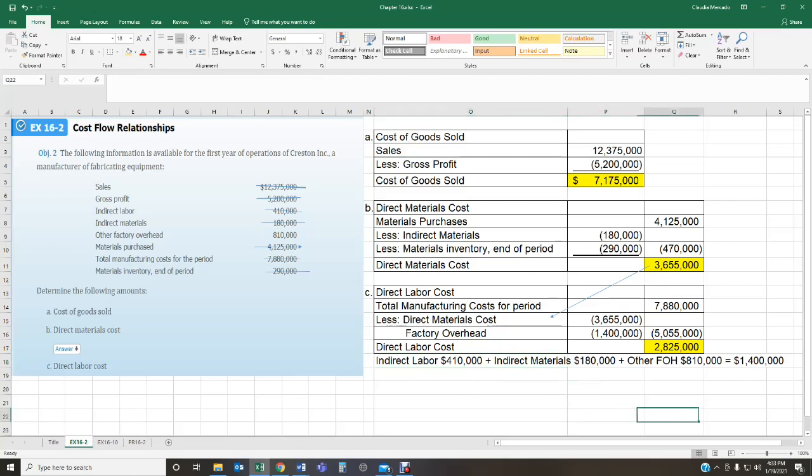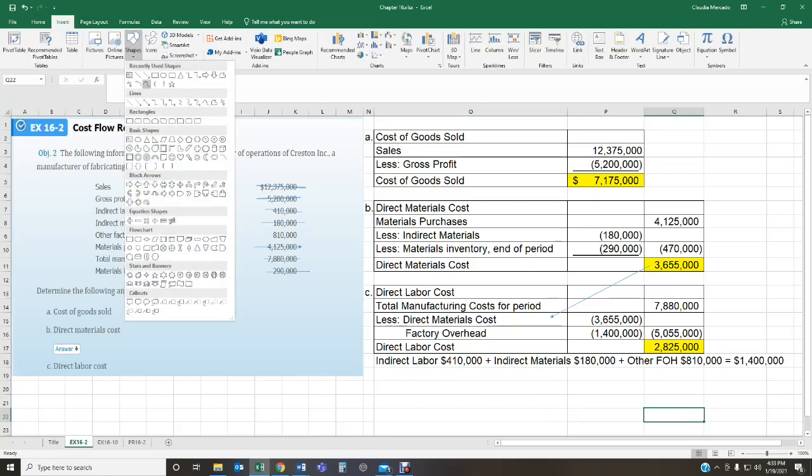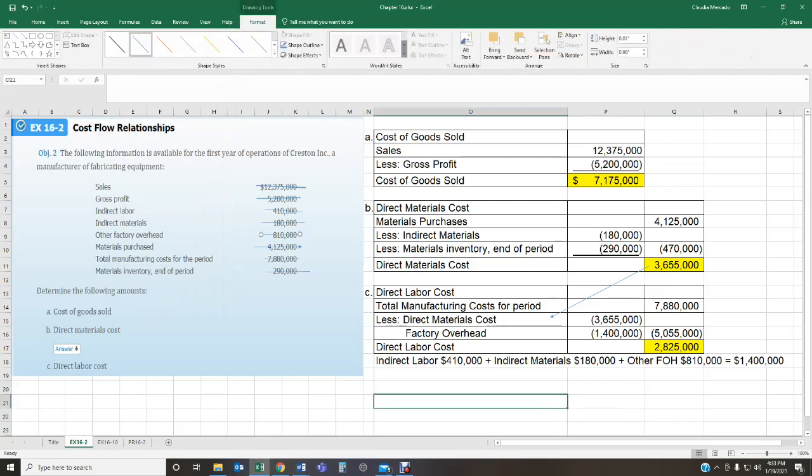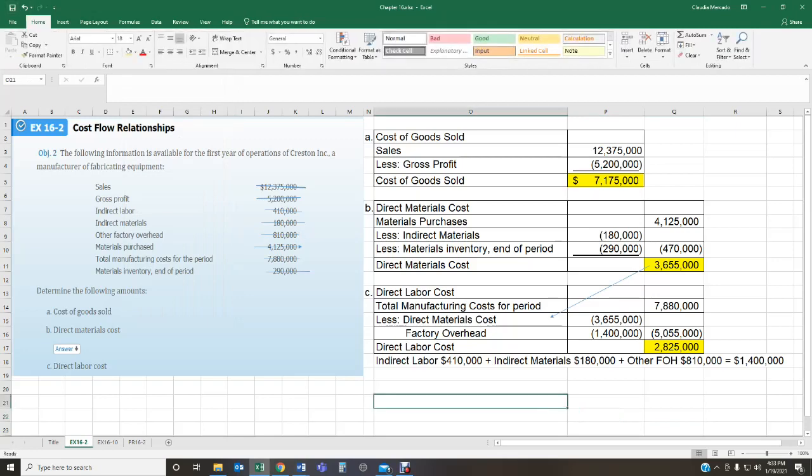Those are the three different components that they're asking you to calculate in this particular problem. It's just a matter of organizing the information. Once you figure something out, for example, in this case, we calculated in requirement B the direct material cost, and we can use that for requirement C to calculate our direct labor cost.